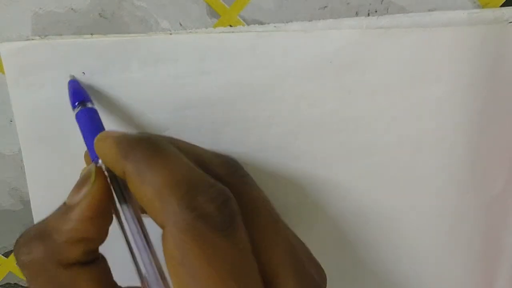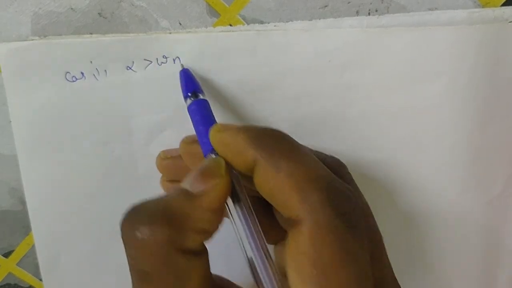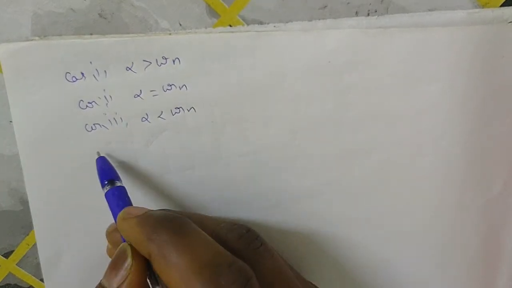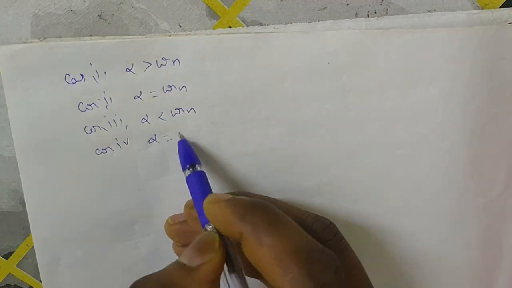We know case 1: alpha is greater than omega n, case 2: alpha is equal to omega n, case 3: alpha is less than omega n, case 4: alpha is equal to 0.